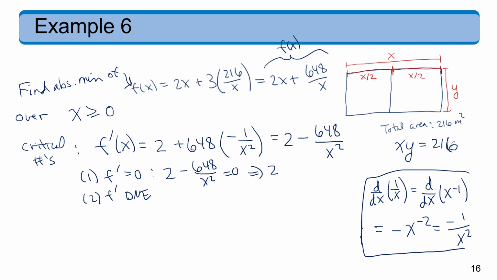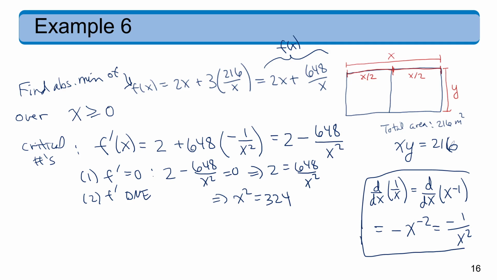So this will give us 2 equals 648 over x squared. If we multiply both sides by x squared and then divide both sides by 2, this gives us x squared equals 648 over 2, which simplifies to 324.